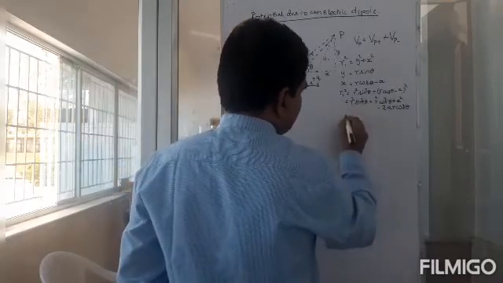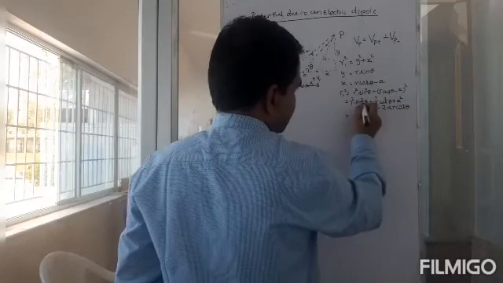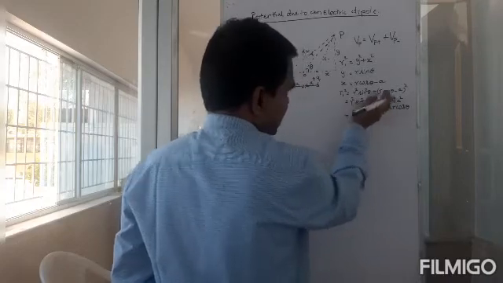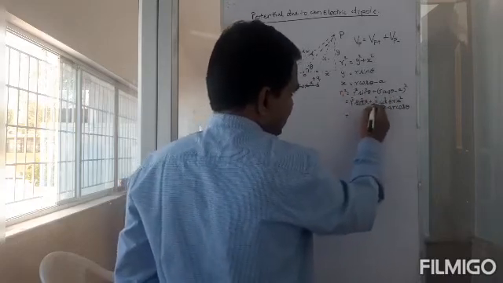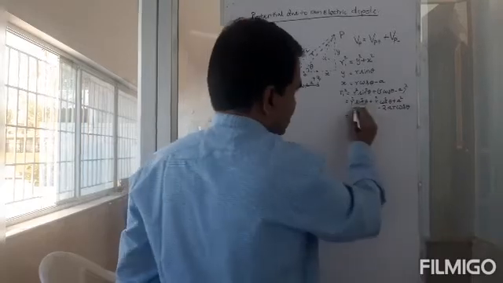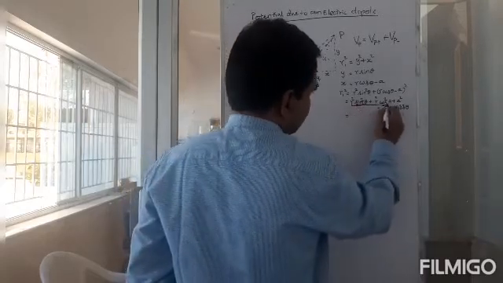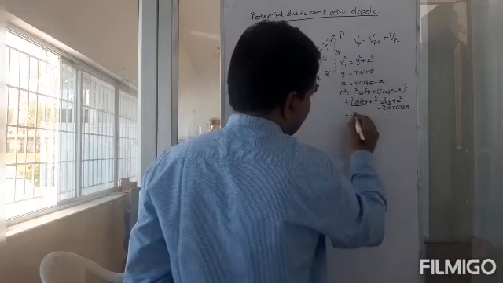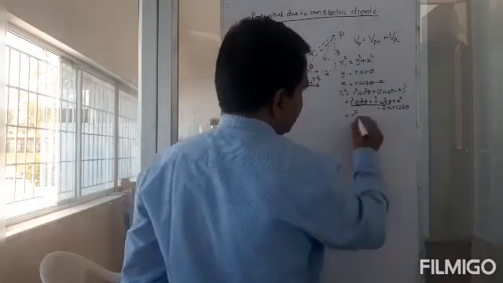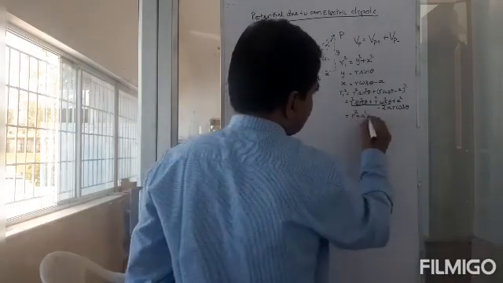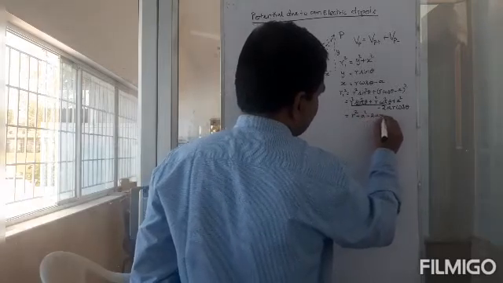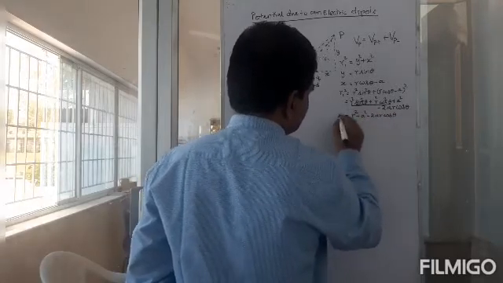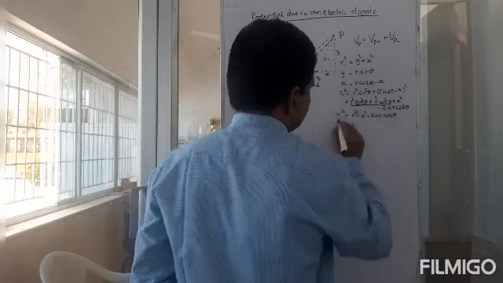If I add these two, r squared sin squared theta plus r squared cos squared theta, I can take r squared out, then I will have sin squared theta plus cos squared theta, that is 1. So these two terms jointly give me r squared plus a squared minus 2ar cos theta. That is my r1 squared.